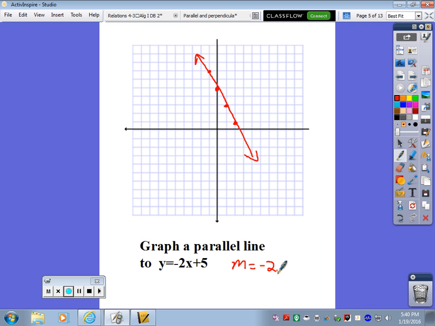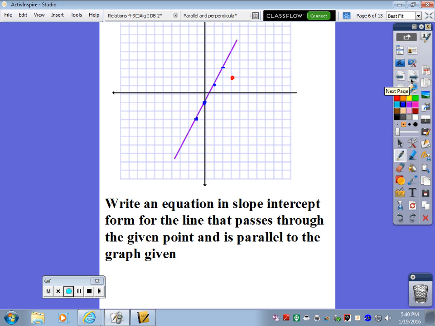So m is equal to negative 2, and then I can pick any y-intercept I want, and I'm going to go with negative 1. And y is equal to negative 2x minus 1. So again, parallel lines have the same slope.